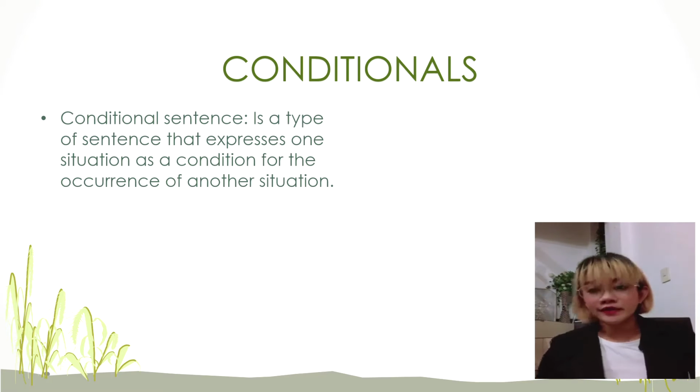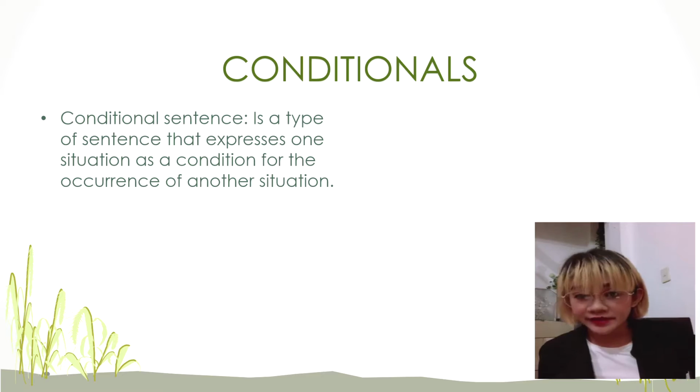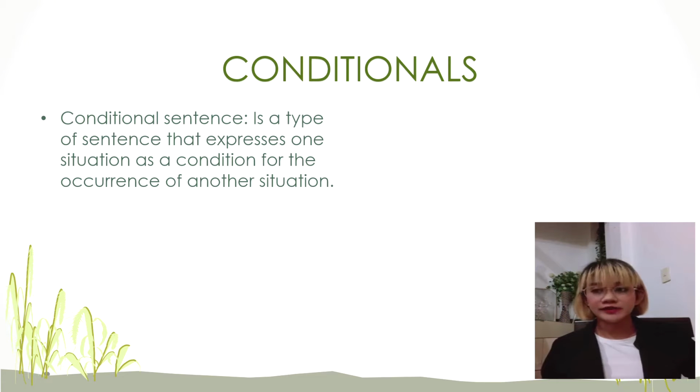So in English grammar, a conditional sentence is a type of sentence that expresses one situation as a condition for the appearance of another situation. So that's why conditional sentences are normally divided into two parts.